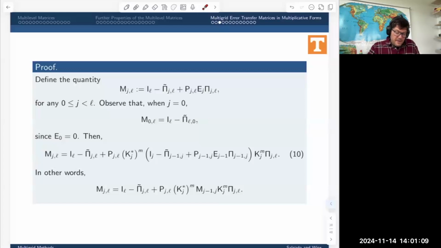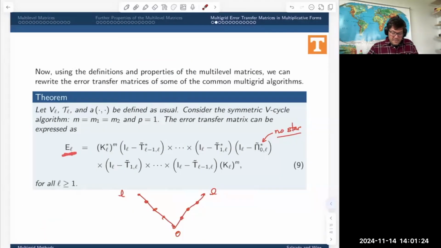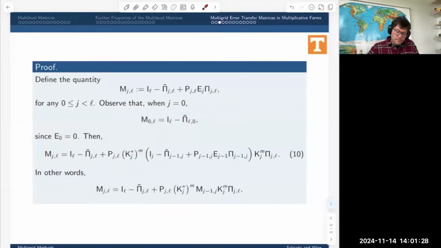All right, so I'm going to define that for any J which is strictly less than L, that guy there. This error is the error in the V cycle, but at level J. Remember what I'm interested in. I'm interested in expressing the error of the V cycle at level L. Now, whenever J is equal to 0, I can just define this error.